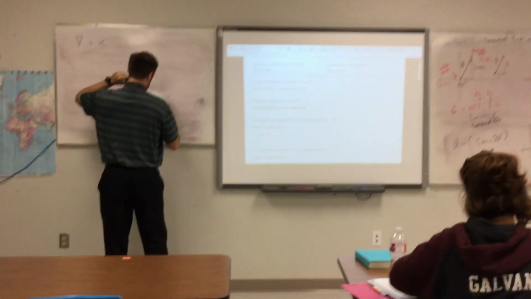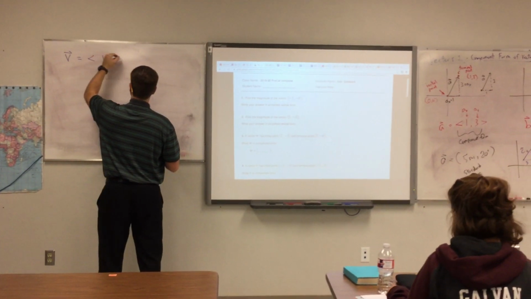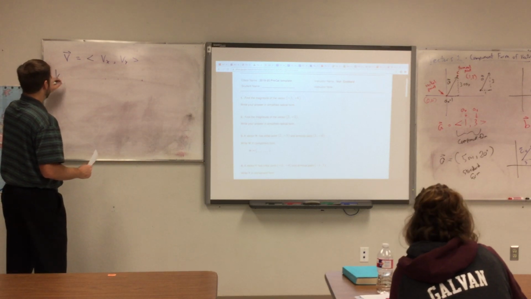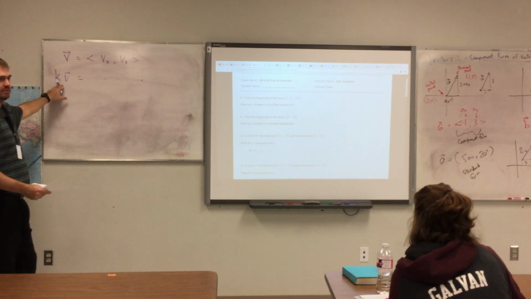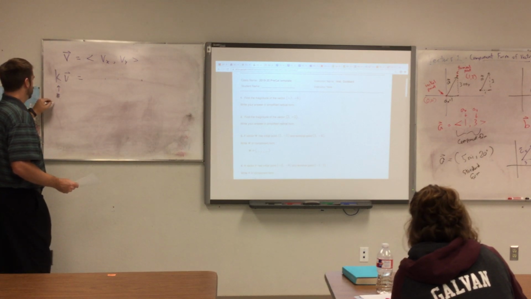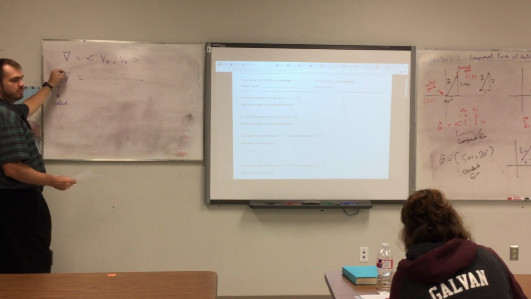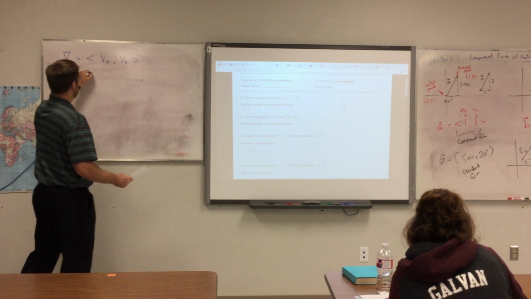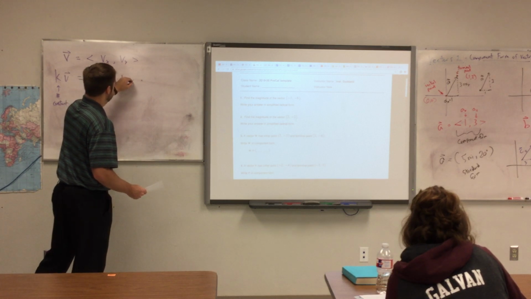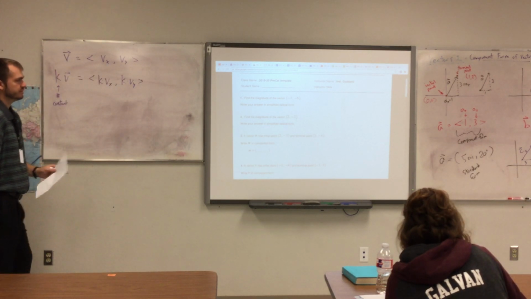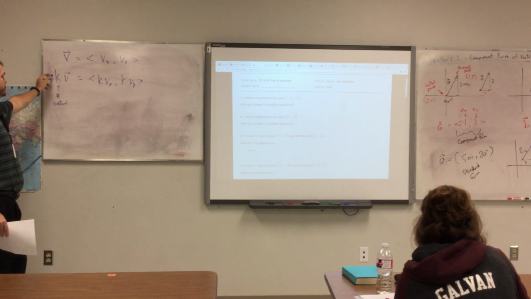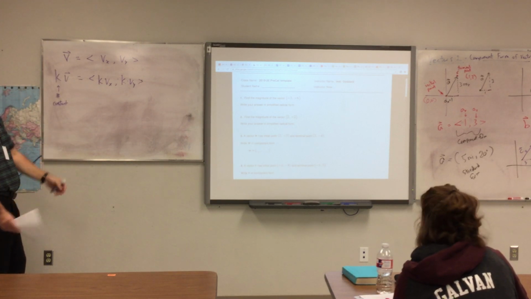If you have vector v with an x component vx and a y component vy, and then you have k, which is some constant, some number, and you multiply it by vector v, then the new vector is just going to be k times vx, k times vy.